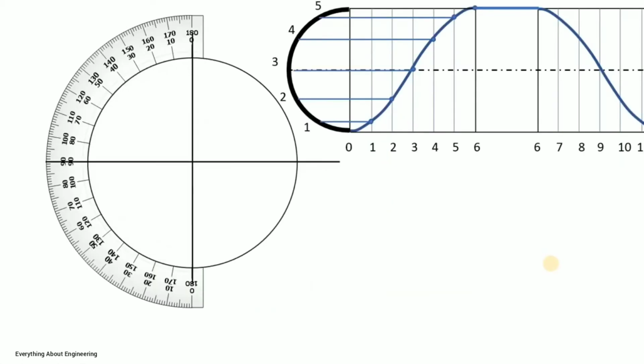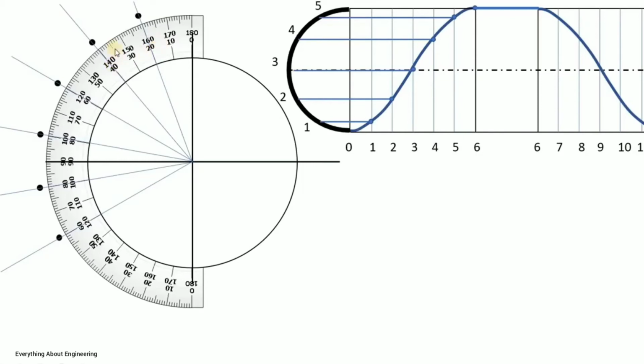Draw the cam circle of 5 centimeter radius, and then divide it using this vertical line as a reference. Divide the circle into 6 equal parts of 20° for our outstroke, because our outstroke is 120°. 120 divided by 6 is 20°.